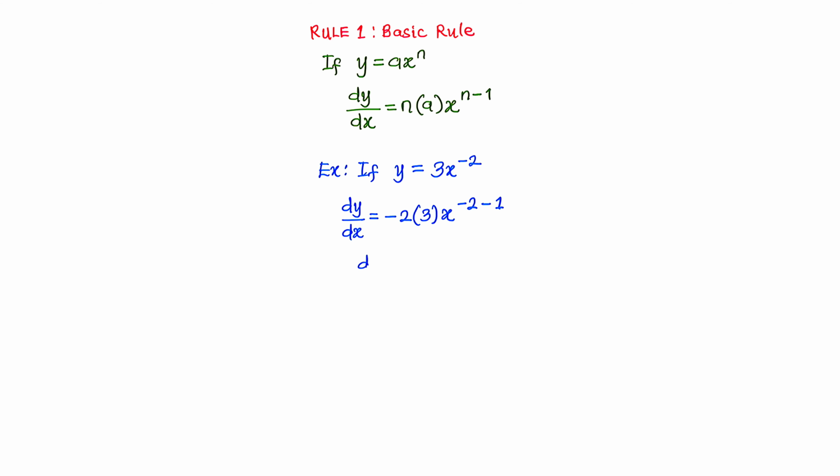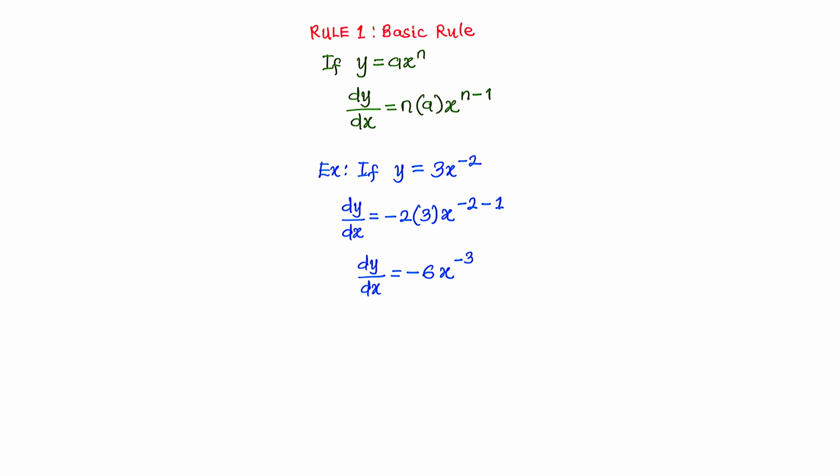So dy/dx equals -2 times 3, that's -6, x, -2 minus 1, that's -3. So the answer is -6x raised to power -3.